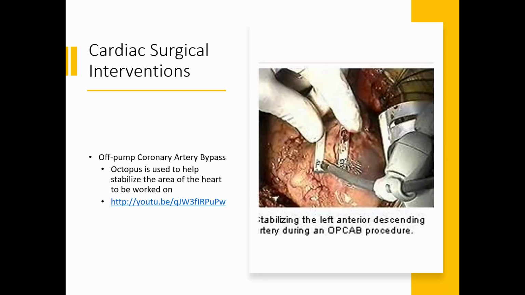This one I like to talk about right here. This is called an off-pump open heart surgery, and what happens here is with CABG, we put them on the cardiopulmonary bypass machine. That's the machine that does the work of the heart while the physician is working on the heart. When you watch the video, you see how they have actually stopped the heart.